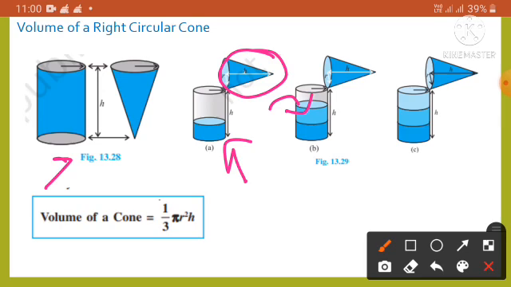When the cone is filled up 3 times and emptied into the cylinder, it can be seen that the cylinder is full to the brim.